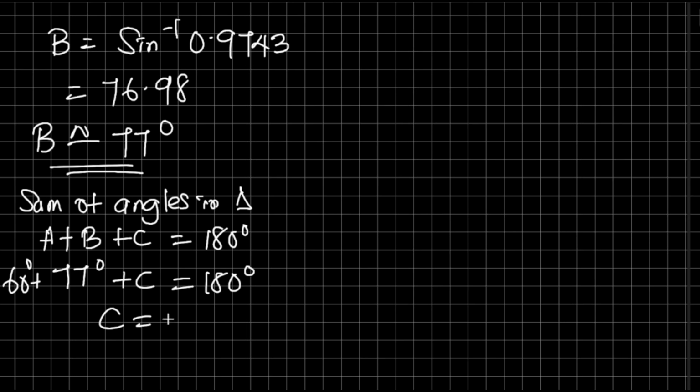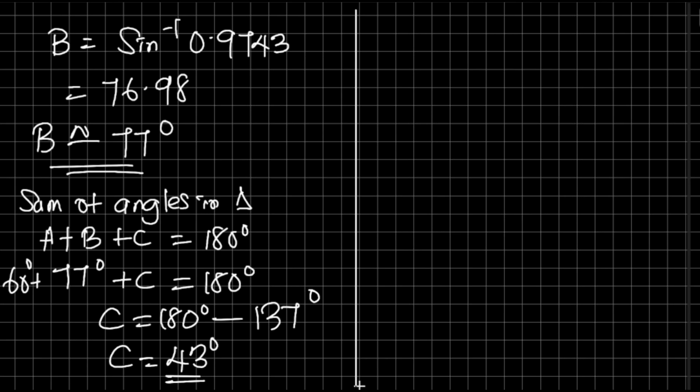So C equals 180 minus the sum of 60 and 77, which is 137, giving C equal to 43 degrees. So the solution is complete. As easy as that, that's how you use the sine rule. Therefore B equals 77 degrees and C equals 43 degrees.